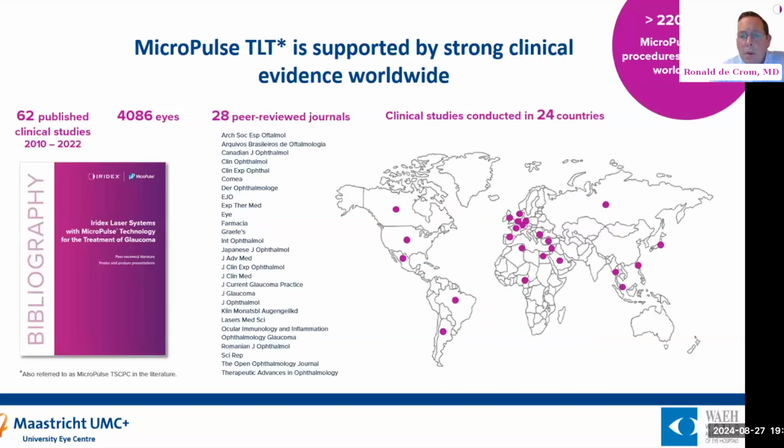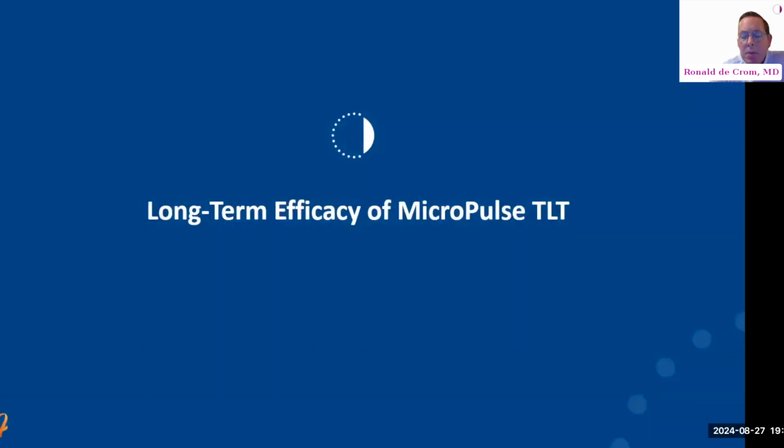And the last couple of years, a lot of literature became available about the MicroPulse treatment. And if we look at the literature, something is always very important with glaucoma treatments, and that is the long-term efficiency of a treatment.